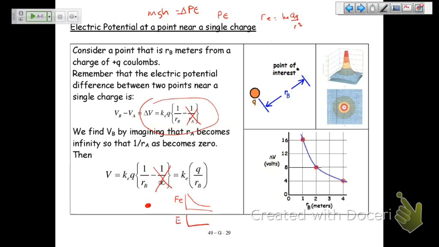Inverse or inverse square? E is equal to KEQ over R squared, inverse square. My potential is 1 over R, which is inverse. So voltage is equal to KEQ over R. And my U is KE big Q, little q over R.